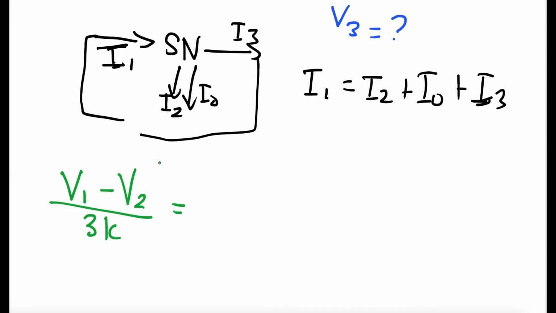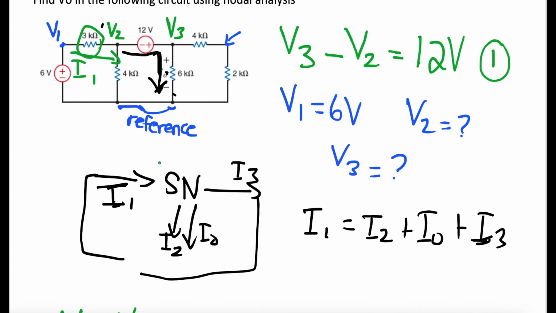What about I2? Well, I2, as you can see here, is just going to be coming down this way, and we have V2 minus the reference node. The reference node, if you guys don't remember, is always going to be 0 volts, right? So 0 volts over here and 0 volts over here, because it's a reference node, so they have no real voltage source. So it's going to be V2 minus 0 volts divided by 4K, because as you remember, V over R is what is equal to I. Well, technically the change in voltage.